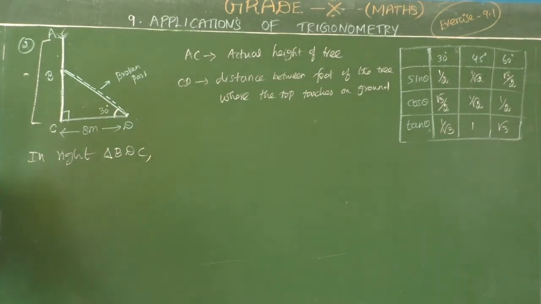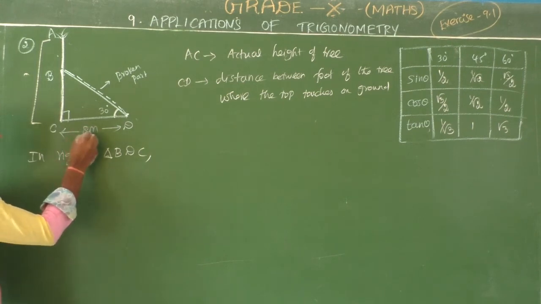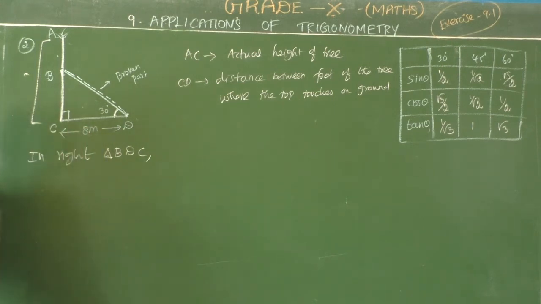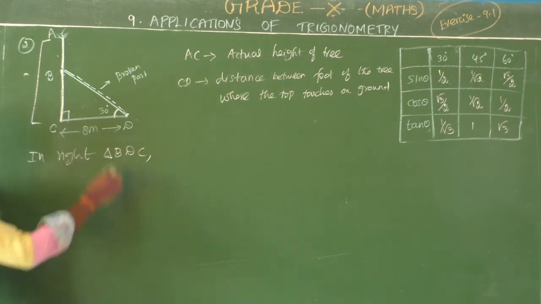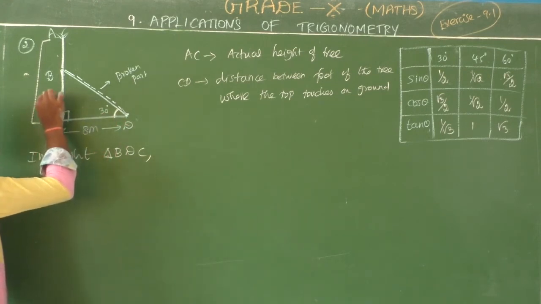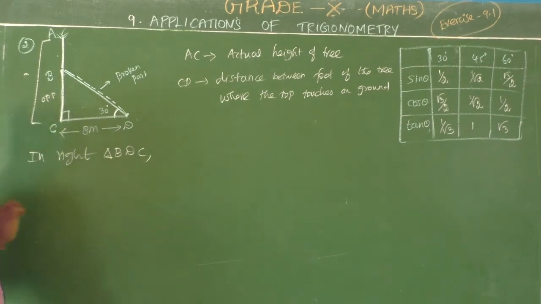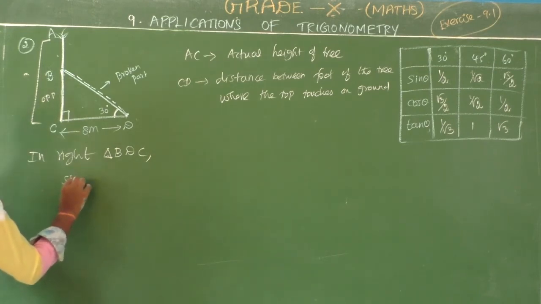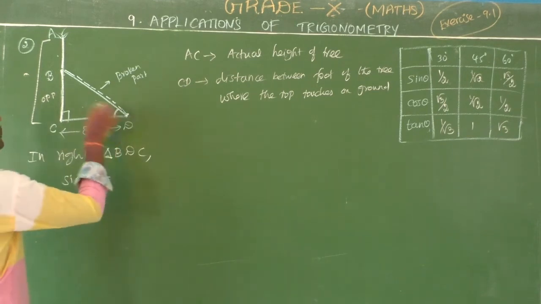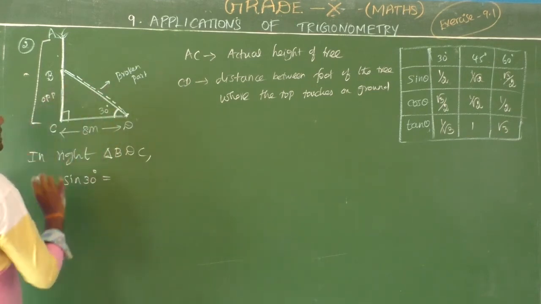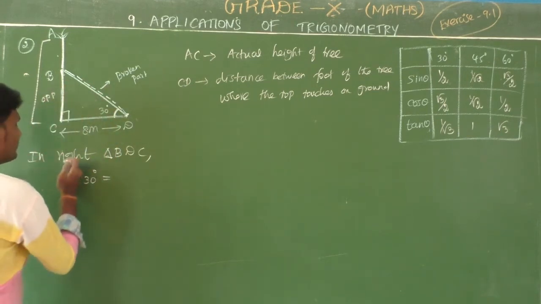See, what is the name of this side? This is the adjacent side. This is the angle, so this is the opposite side. So first we should find the opposite side, so take sin theta.